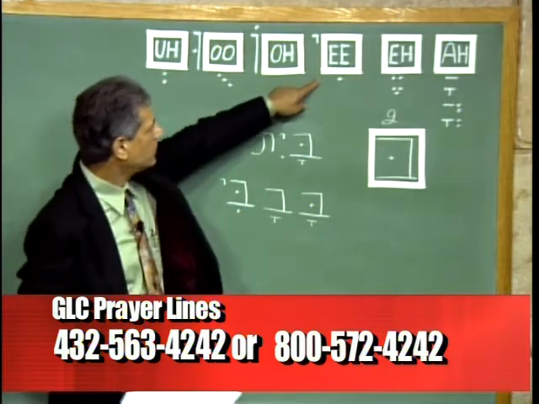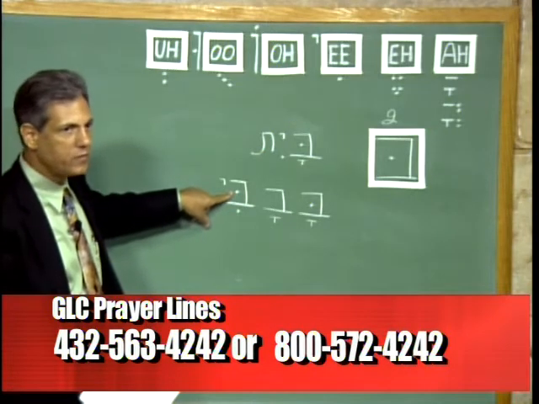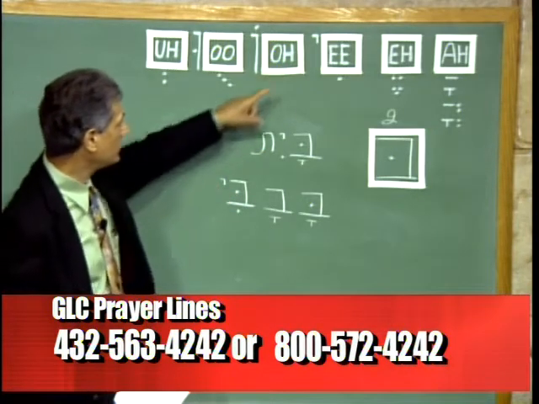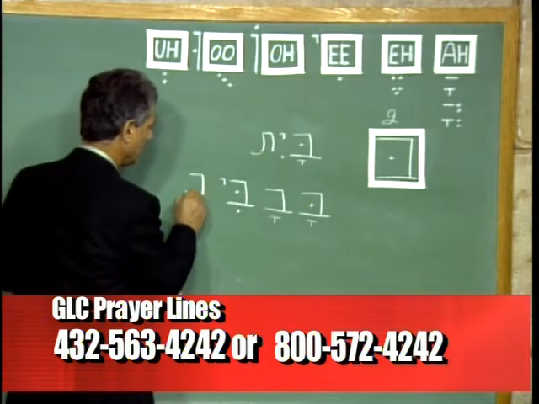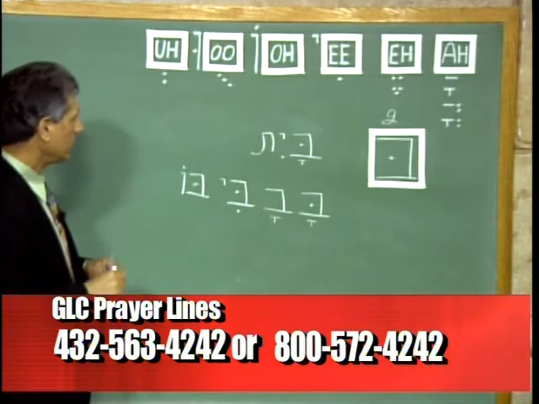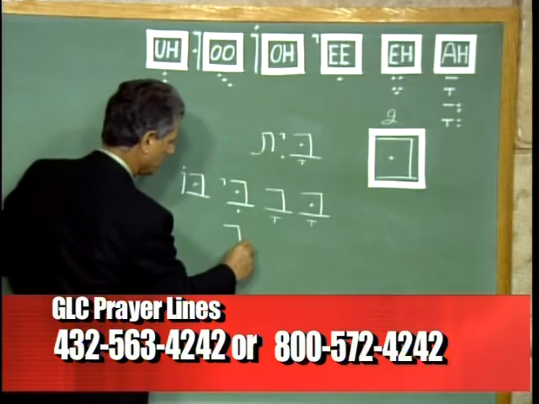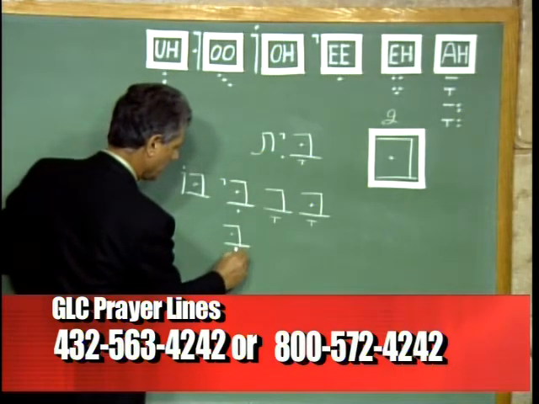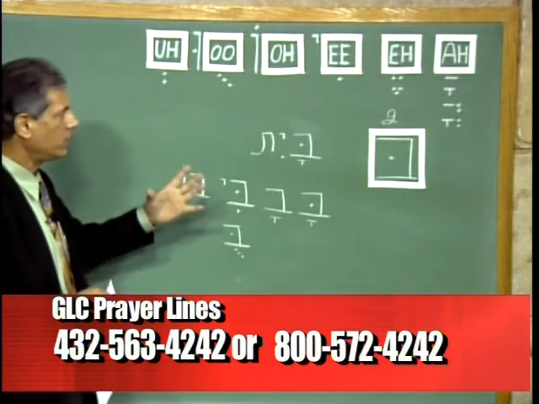Like in here, we have a Bet with an E sound, with a dot in the middle to make the B sound, and a Yud next to it. Or we can do a Bo, like in here. Or a Bu, like in here, and so on.